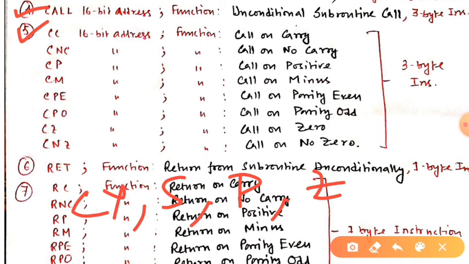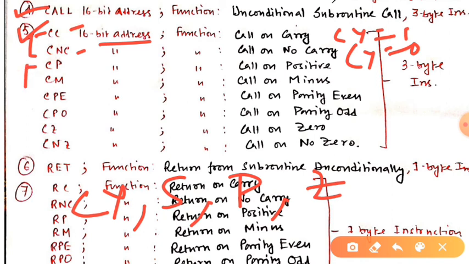So based on that, obviously we have call on carry and call on no carry. In call on carry, CC, if the carry flag is 1, then only the program sequence will be shifted to the specified memory address, otherwise it will not be shifted. In call on no carry, when CY is 0, then only this shifting of program execution will be done, otherwise it will not be done.